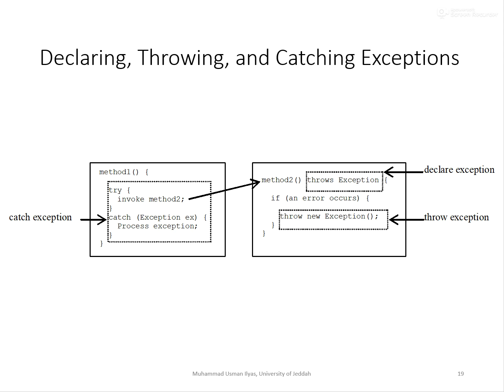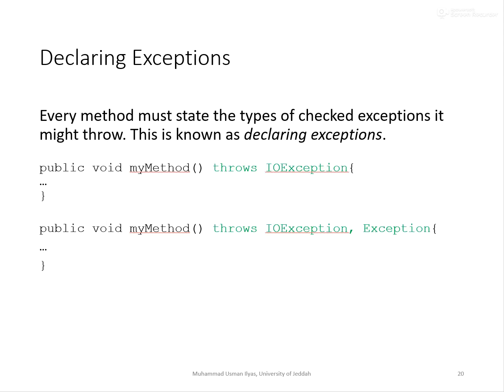Methods can also throw not just one type, but different types of exceptions. In that case, the syntax changes slightly. So the first example over here is basically the example that we just saw, a method throwing one type of exception, and we basically add the keyword throws followed by the type of exception object after that.